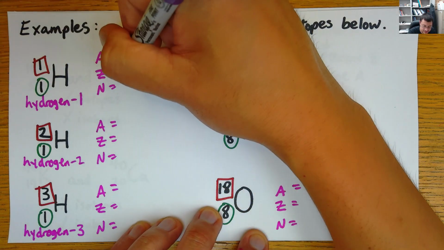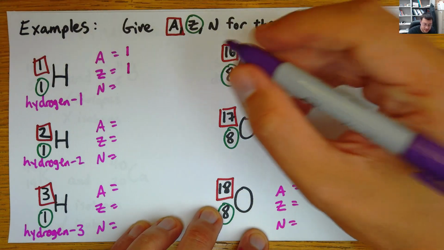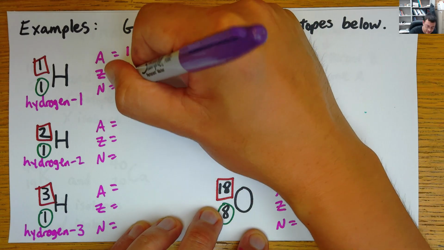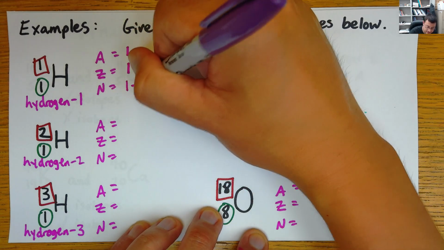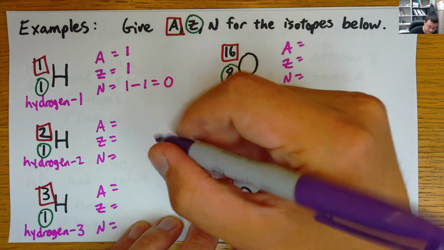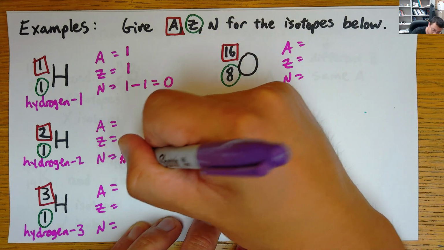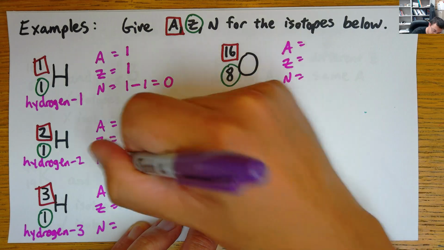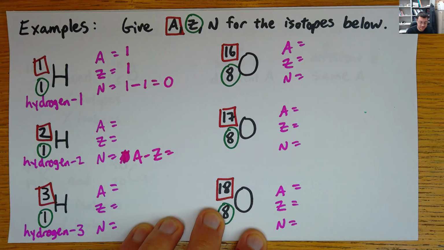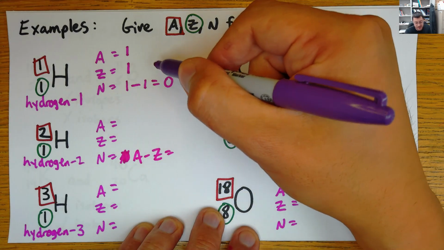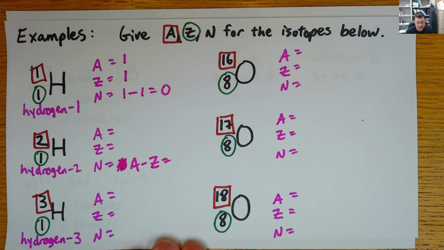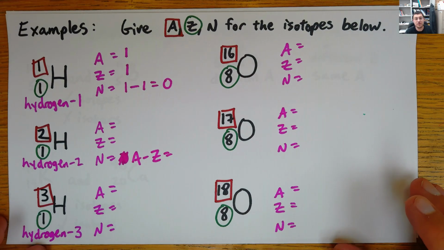It has 1 proton. 1 minus 1 equals 0. Okay, maybe I should have rewritten the formula somewhere just to remind you. We get it from A minus Z. So this is interesting. Hydrogen 1 has no neutrons.